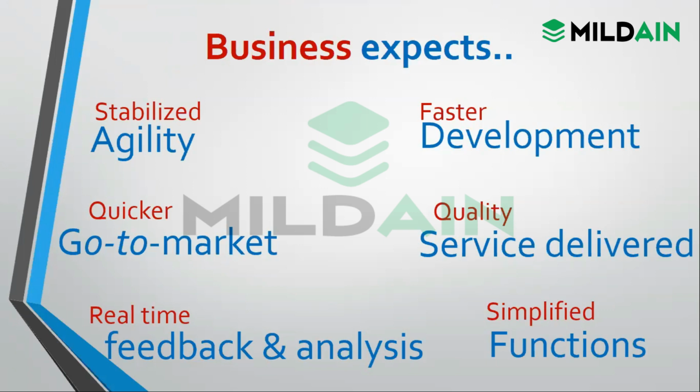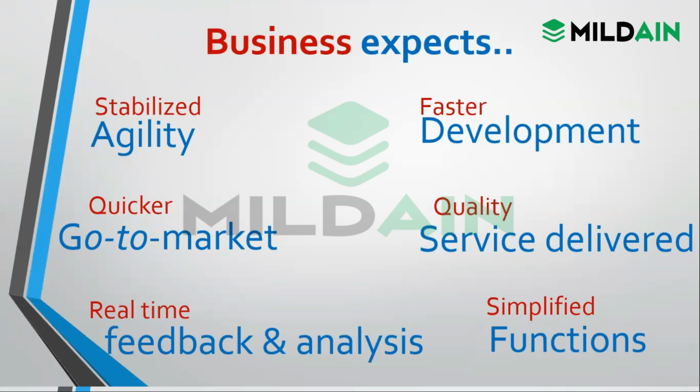So here a question comes: when agility is there, which gives us a faster time to market with immediate feedback, then what is the need for DevOps? Why does the term DevOps come? We will take that up later.